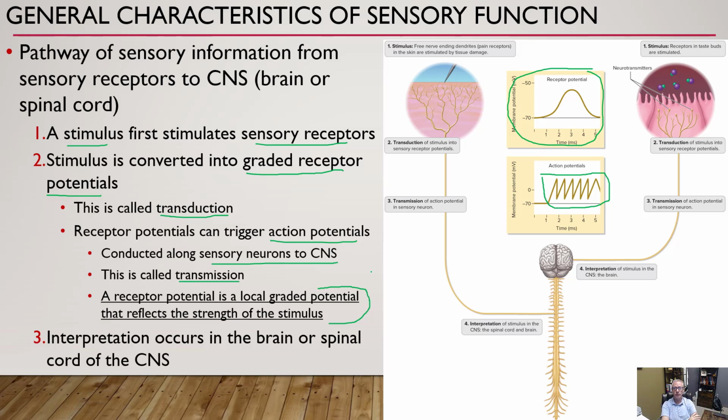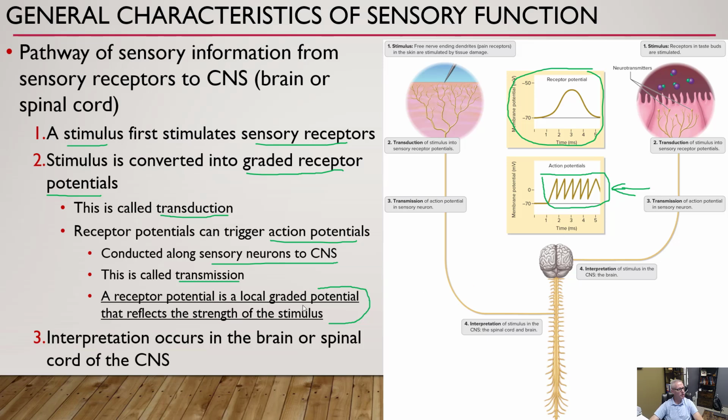You can differentiate something that is sweet versus sour. And that's what that statement means. Just that you can reflect the strength of the stimulus. And that's why we have this kind of weird looking graph here, because we have different strengths of the stimulus.